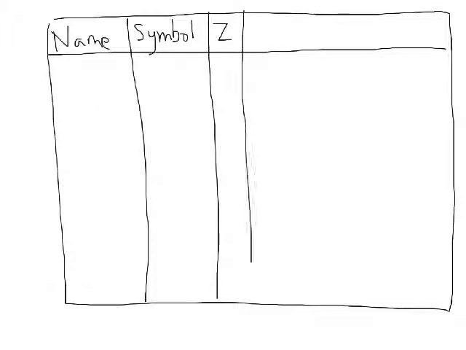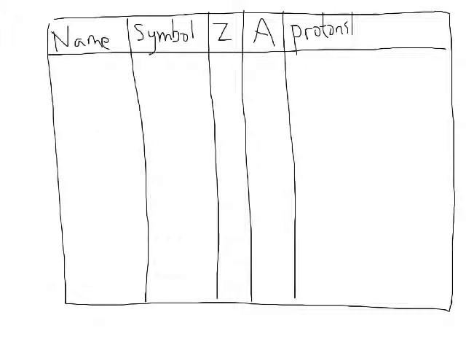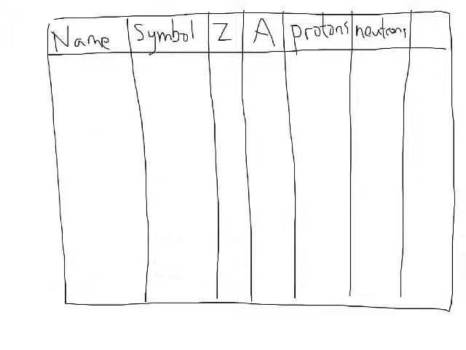Next we have the A, which is the mass of it, the bottom number, and then we will do the number of protons, neutrons, and finally, if I can just fit it in the right hand side, electrons. Whoops, I clicked on something I wasn't intending to. Electrons. Looks like we've changed colours. I'll go back to the other colour.